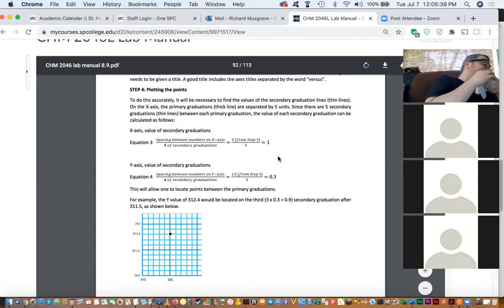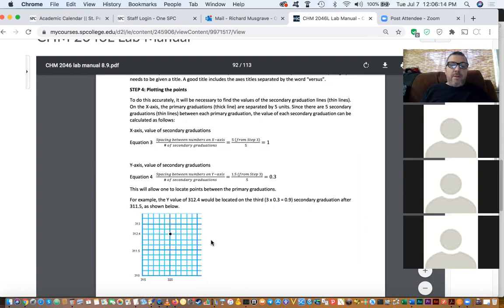So the example here: if you had a Y value of 312.4 and you knew that your graduations were such that you had 311.5 to 313, so between each of these it's 1.5 total, then you know that each of these would be worth 0.3.